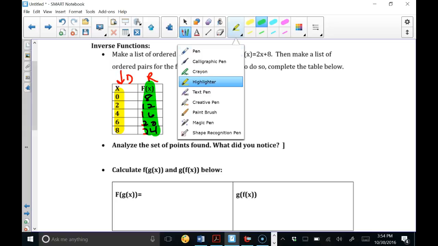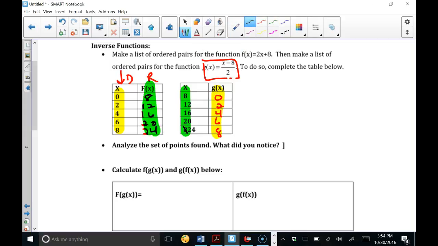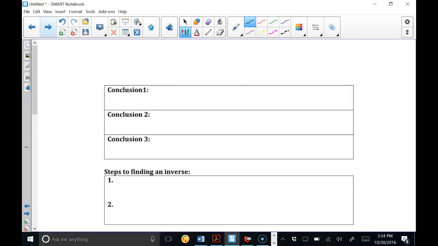So we can go to the next page and say conclusion 1: when we have inverses, the domain and the range are switched. The domain of one function is the range of its inverse.